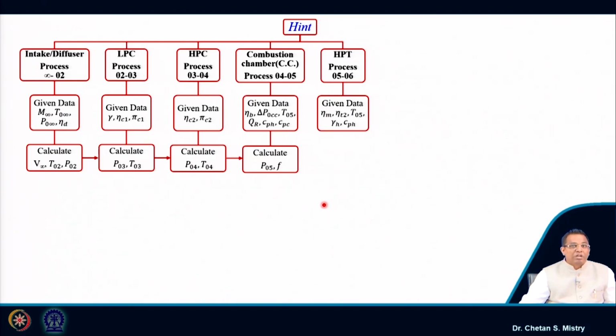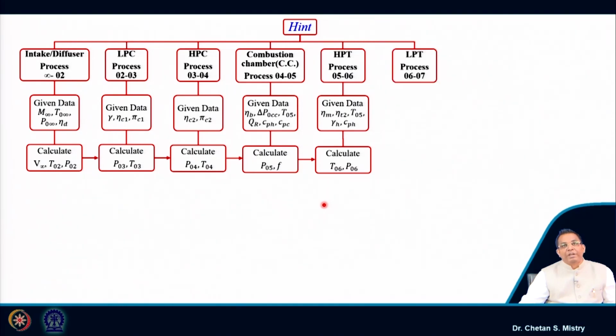For the most modern engines, this mechanical efficiency will be in the range of 90%. So, from this HP turbine information, we will be able to calculate the exit pressure and temperature from the HP turbine. That will be the input condition for the LP turbine.